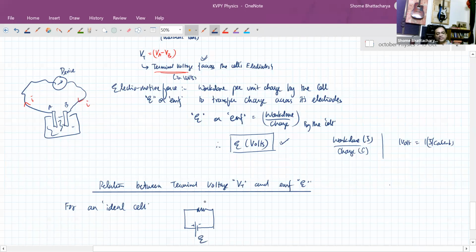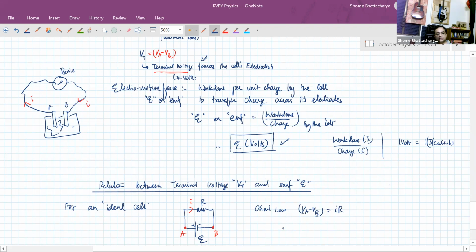So if it has EMF E and we connect an external resistor across it, the terminals of the battery are, let's say, A and B. If the current going through this is I, then by Ohm's law, the potential difference across the resistor VA minus VB should be equal to the current times the resistance.